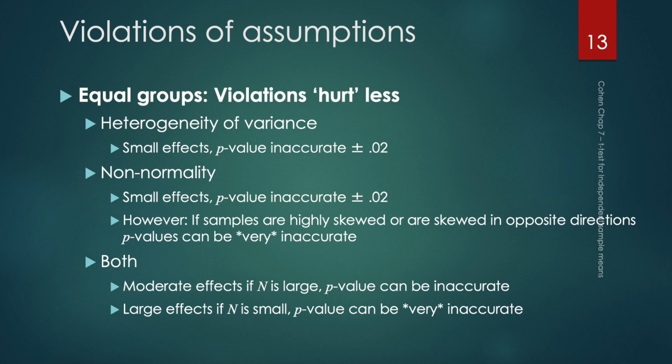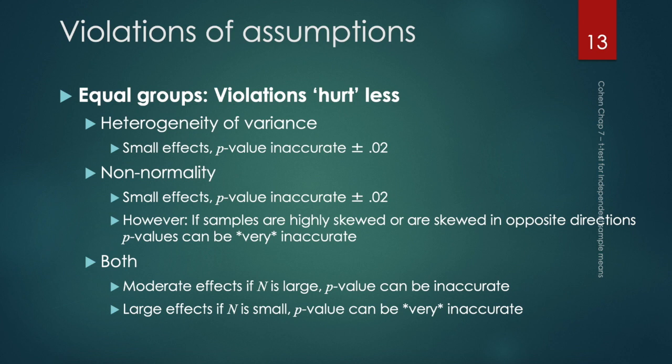With non-normality, the p-value can be inaccurate a little bit again. However, if samples are highly skewed or are skewed in opposite directions, p-values can get very inaccurate. So with non-normality, it's really important to look at whether they are at least skewed in the same direction, because that can be helpful. And if they aren't, then your p-values are probably going to be very problematic.